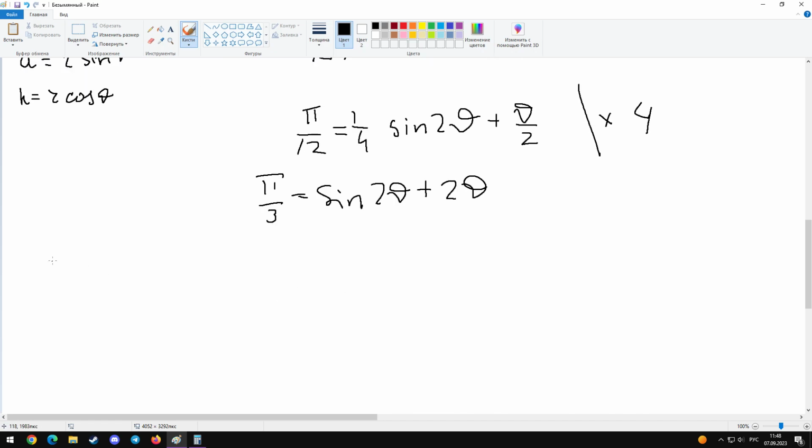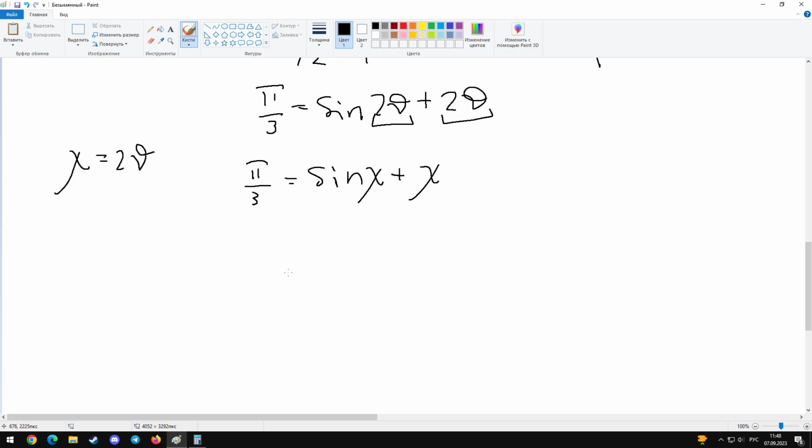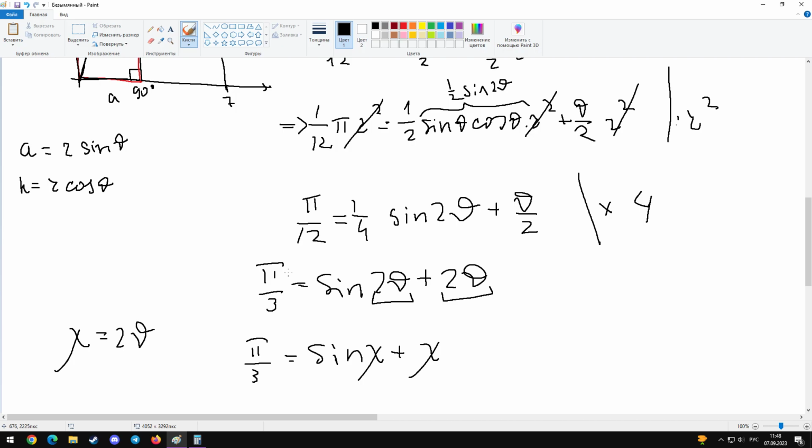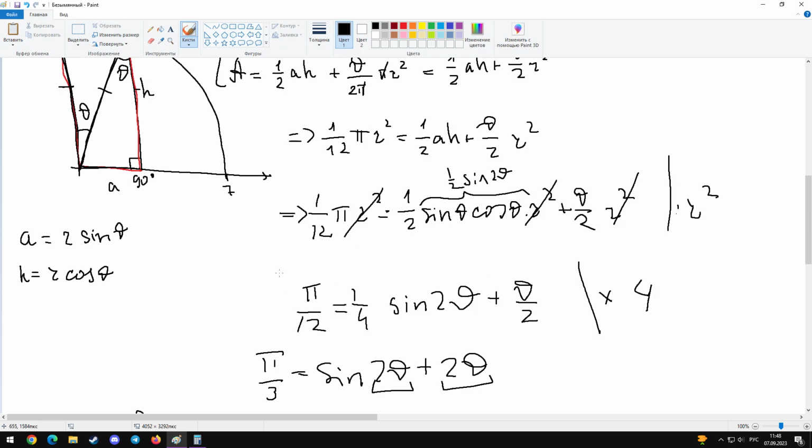We're introducing a new variable. Let it be psi. Psi equals 2 theta. So that's psi and that's psi. We get pi over 3 equals sine of psi plus psi. Is it right?